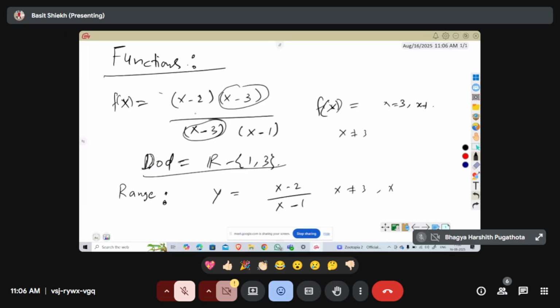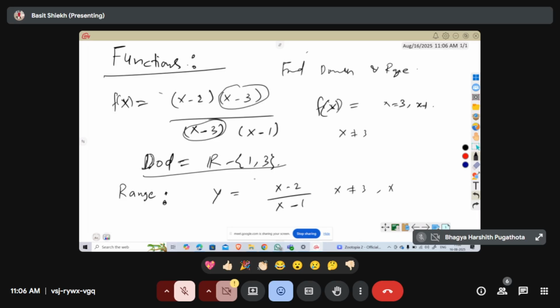We have this function f of x, which is x minus 2, x minus 3 divided by x minus 3, x minus 1, and we are finding its domain and range. For the domain, or DOD, we say it's defined for all real numbers except x equal to 3 and x equal to 1, so I have removed those two.